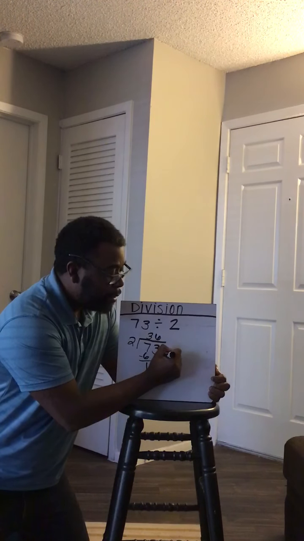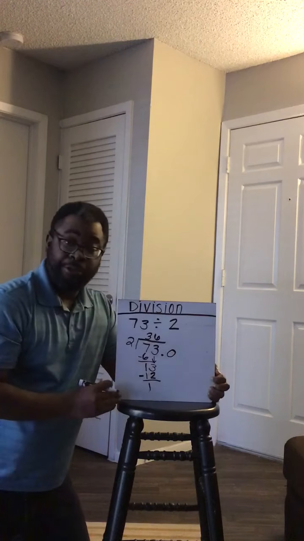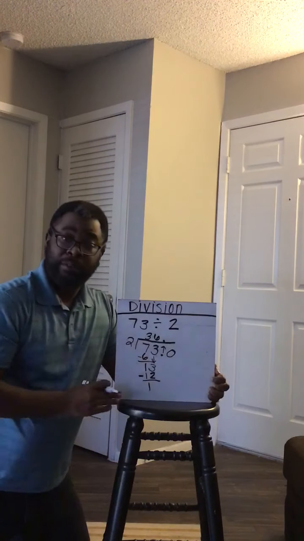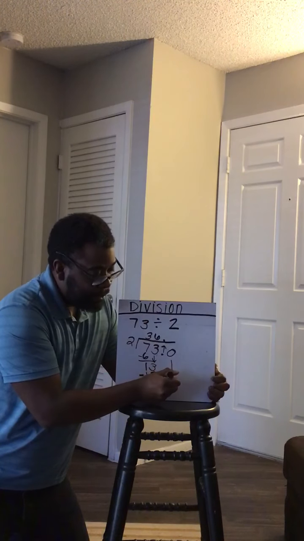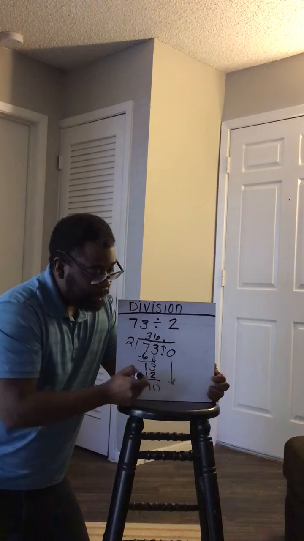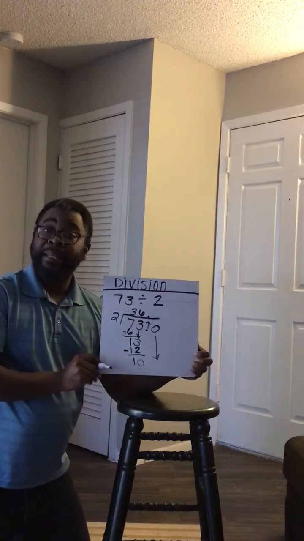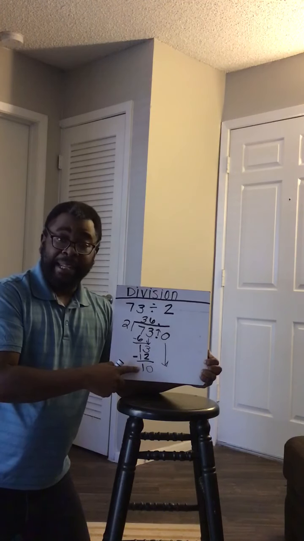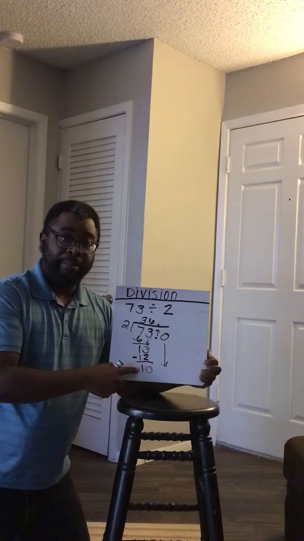Your decimal hangs out with Mr. Zero. Remember, Mr. Decimal has to go home, and he lives uptown. Mr. Zero lives downtown. So 1 has now become 10. 2 goes into 10 how many times?